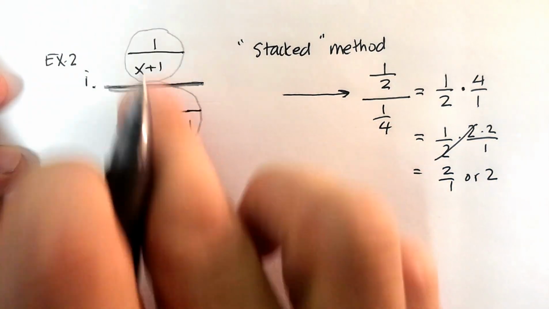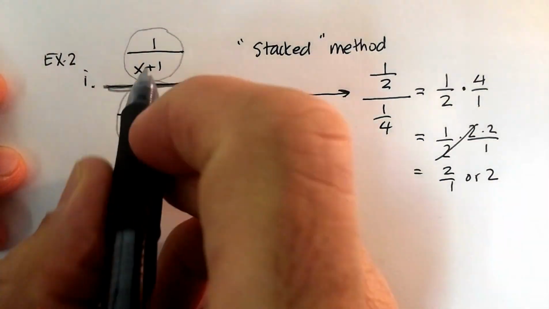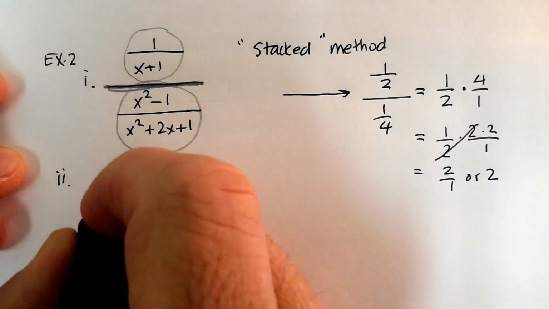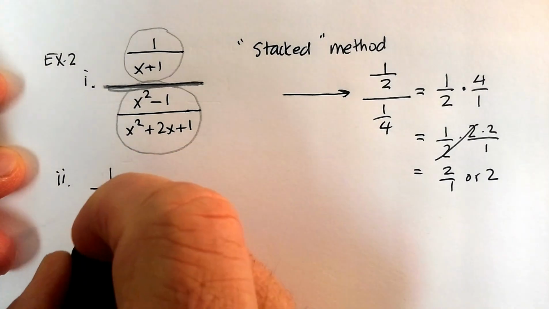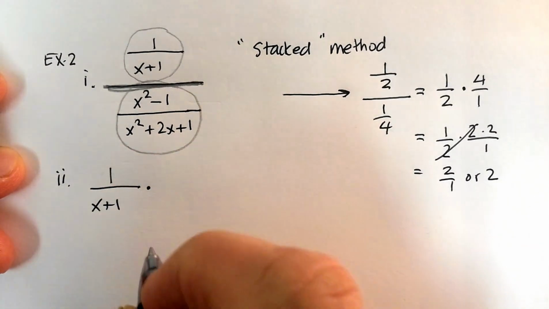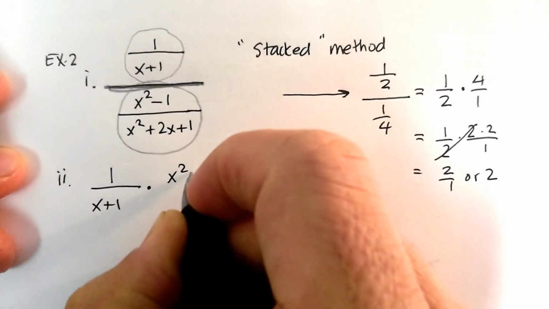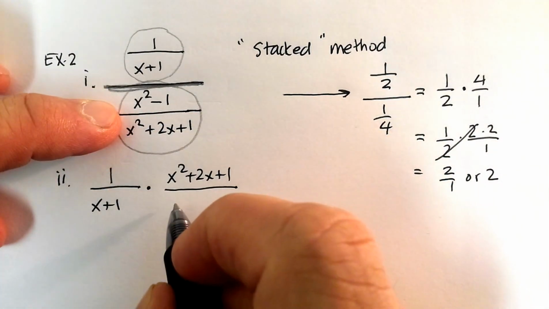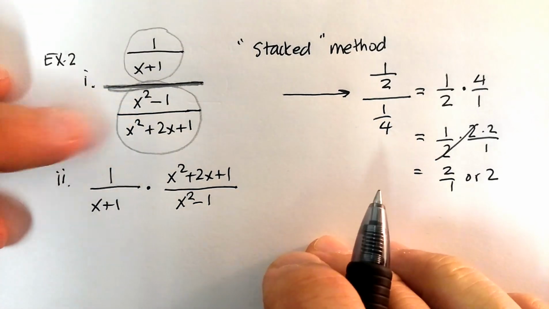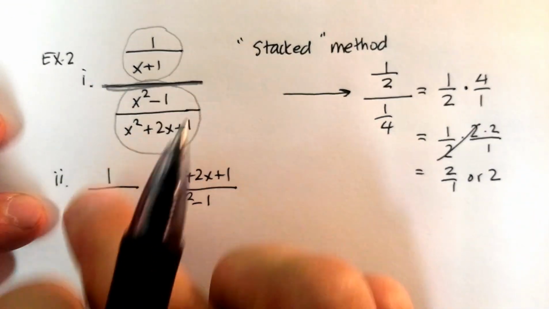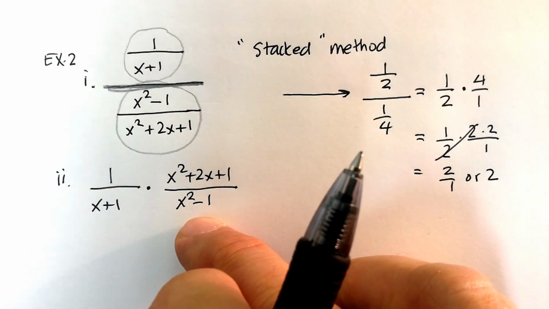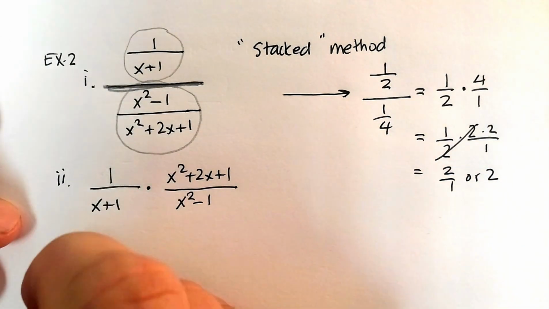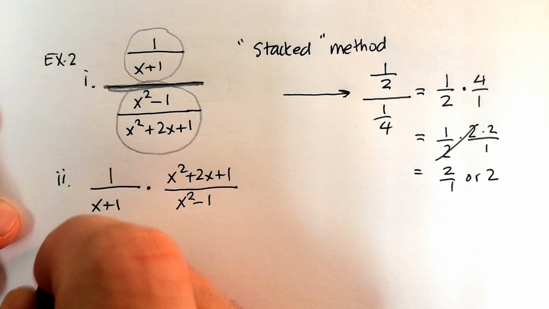You essentially do the same thing over here. So once you've identified the two different fractions, go ahead and multiply by the reciprocal. So x plus 1 times x squared plus 2x plus 1 over x squared minus 1. And then you do the exact same thing that you did with a multiplication problem. Factor every single one of these individual polynomials.